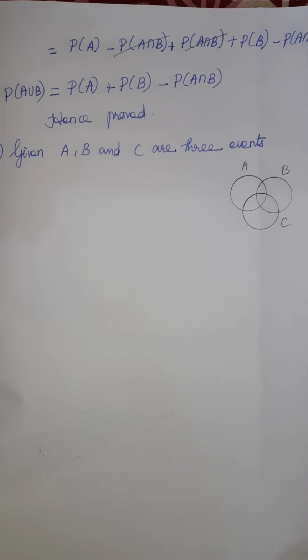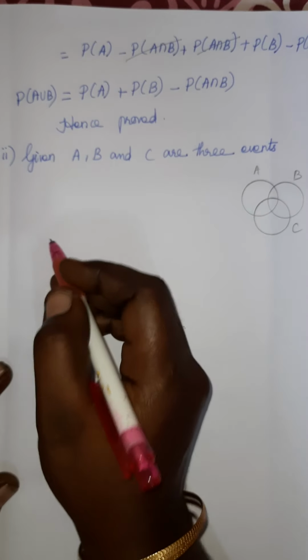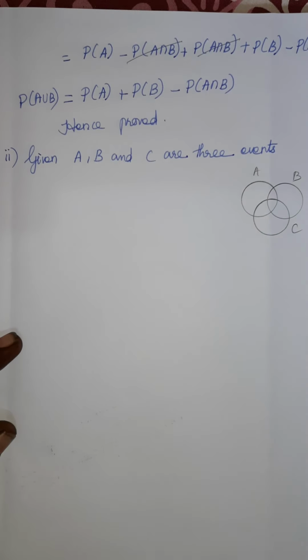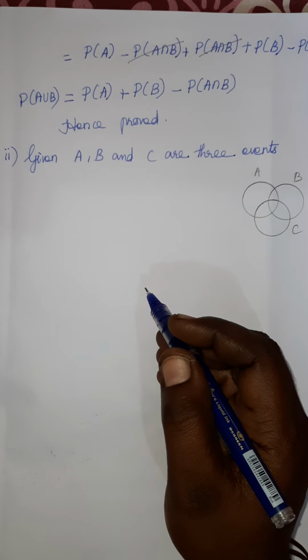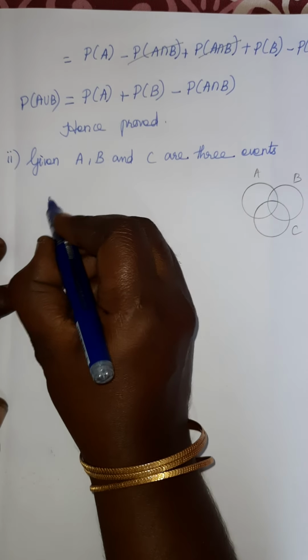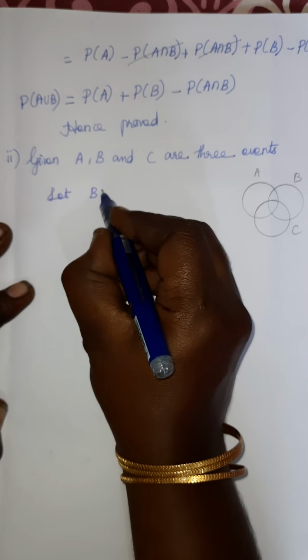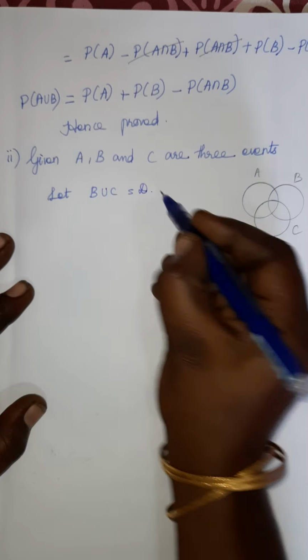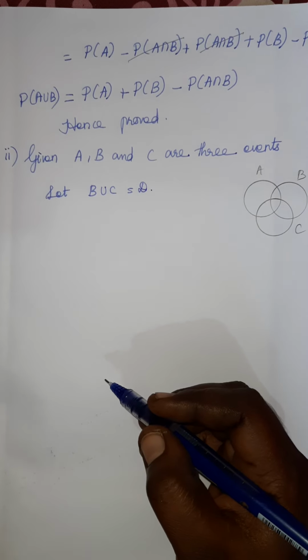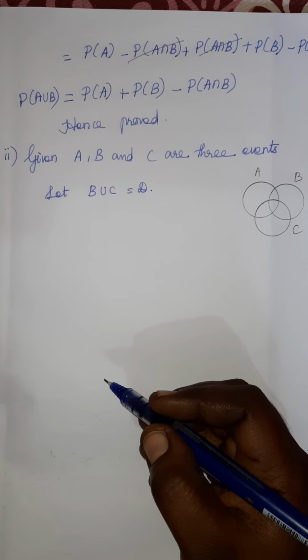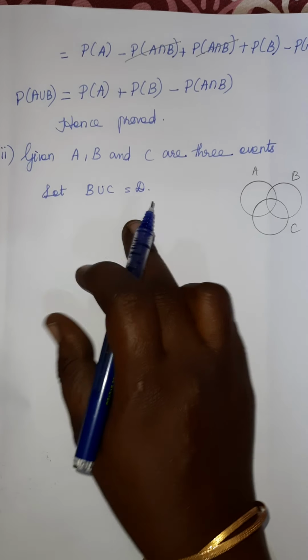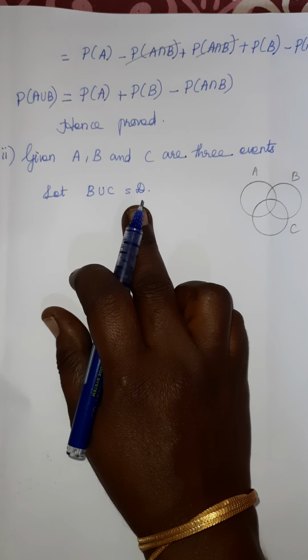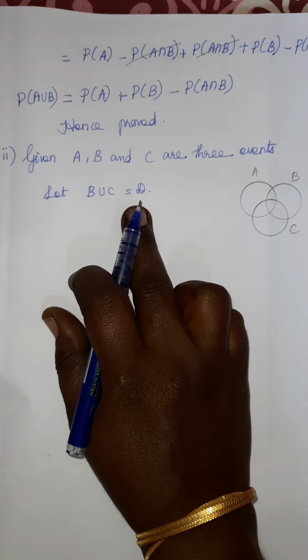Now here we have three sets. For these three sets, to avoid confusion, you can take two sets together and keep another set. Let B union C be equal to another set D. We need to prove the probability of A union B union C. So the A set we kept separately, and B union C, the second and third sets, we took together; it is D. Are you clear?